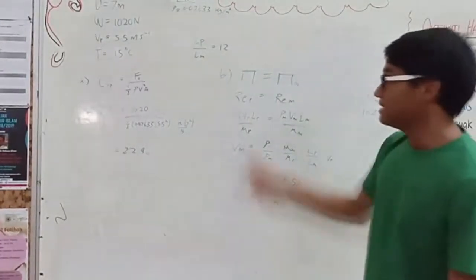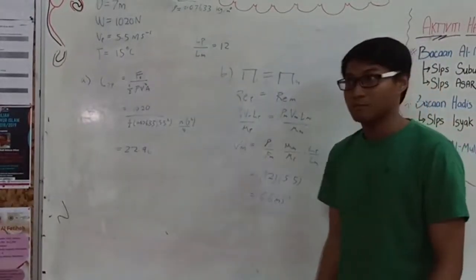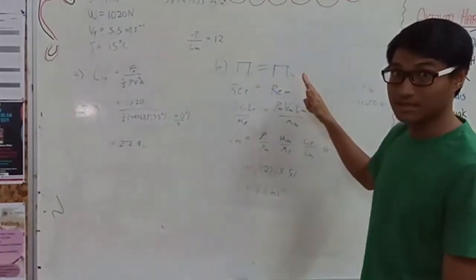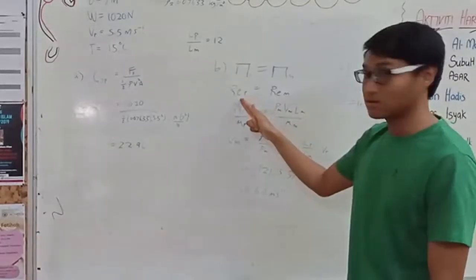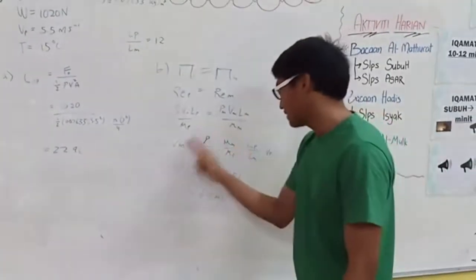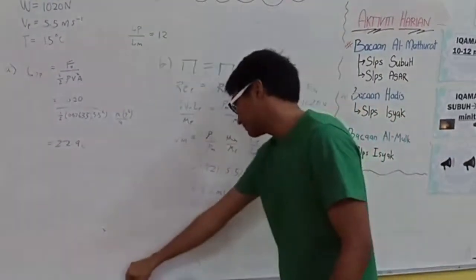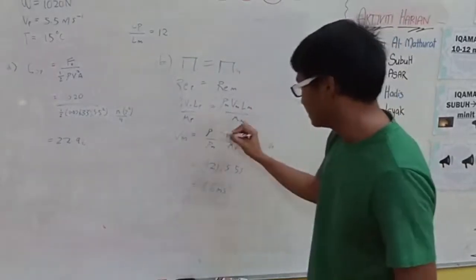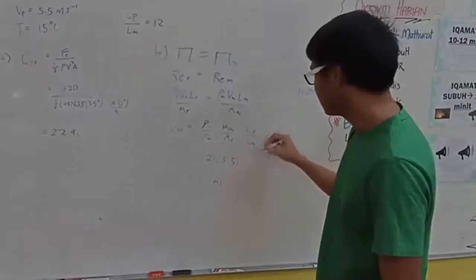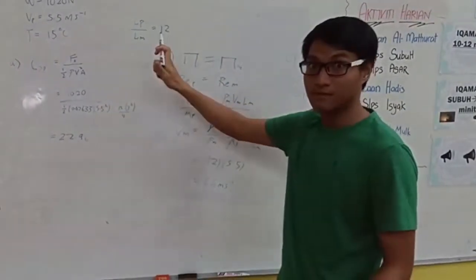Next, B, we need to find the velocity for the model. So we equate the dimensional analysis for the prototype to the model. We substitute the formula for Reynolds number for the prototype and model, and we rearrange to get V. We cancel the terms that have the same value, and we substitute 12 because the model is 1 over 12 of the prototype.